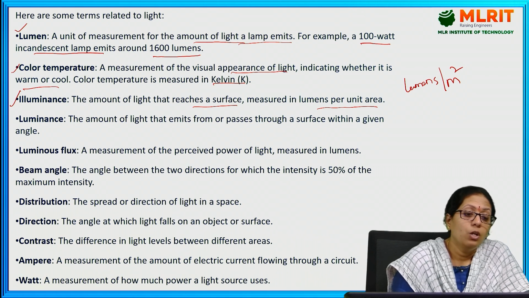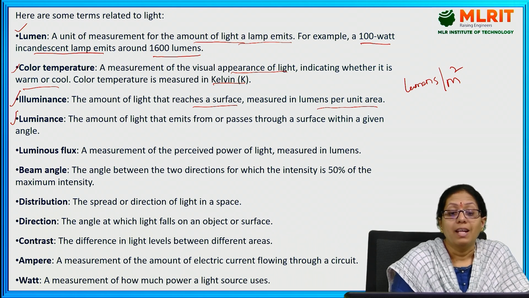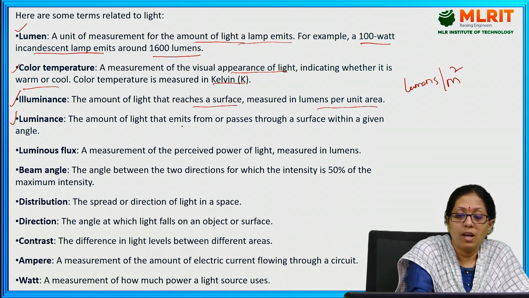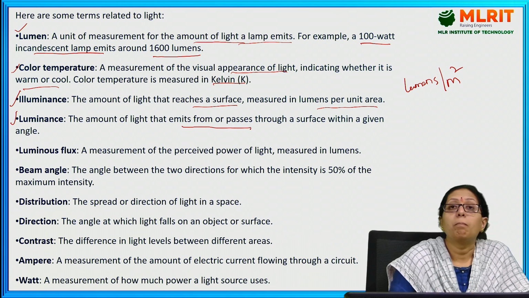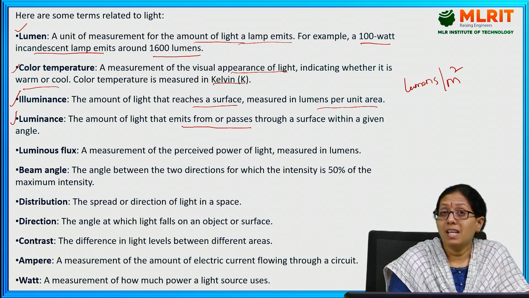Next one is luminance. The amount of light that is emitted from or passes through a surface within a given angle is nothing but luminance.